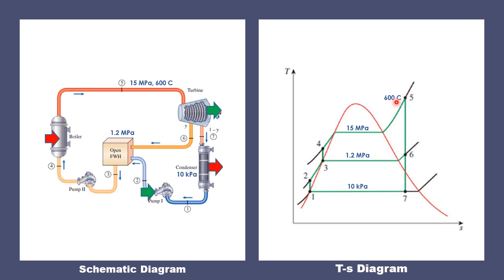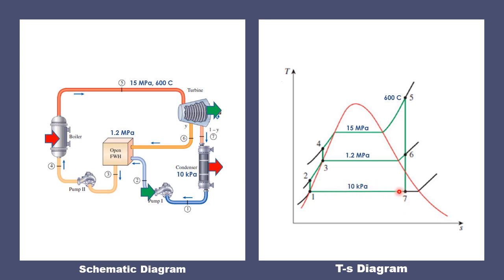So now at point 6, it is a superheated vapor at 15 megapascal and 600 degrees Celsius. It will now enter the turbine, where it will expand, but at point 6, it will be extracted, as you can see here in the diagram. And then the remaining steam will expand completely to 0.7 at the condenser pressure of 10 megapascal.